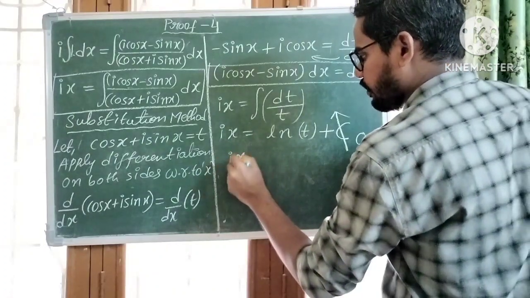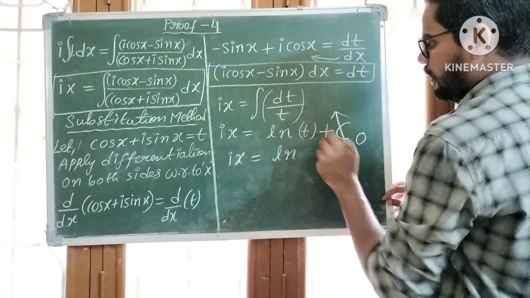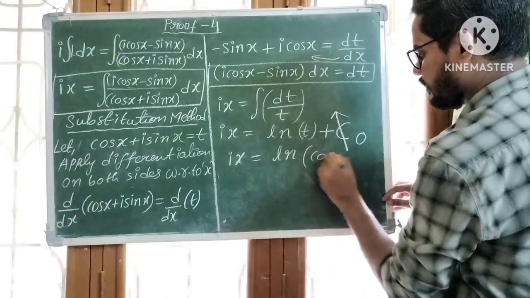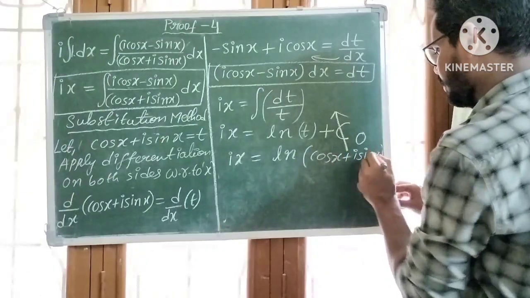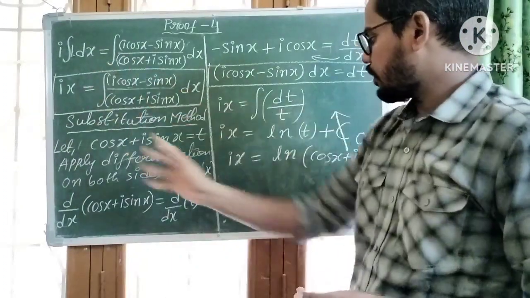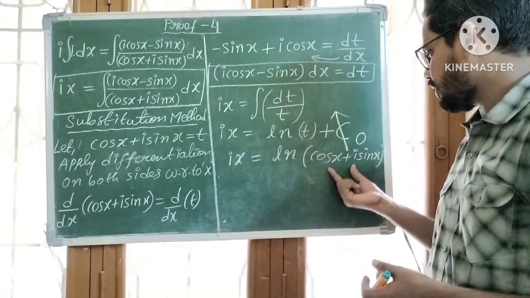So i x is equal to ln of t. What is t? t means cos x plus i sin x. So here we need e power ix and here we need cos x plus i sin x.